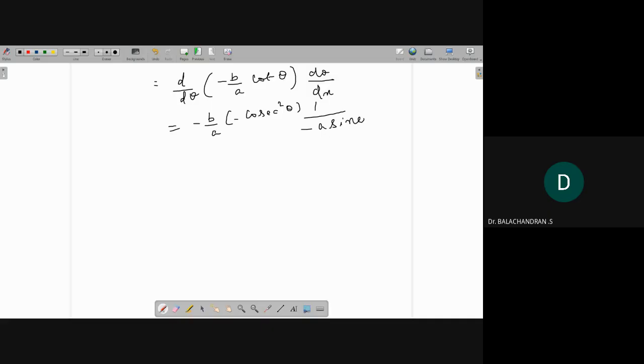So please check. Okay, so you have b by a square, and now I am going to write everything in terms of sine. So 1 by sine cube theta. So this is the second derivative, d square y by dx square.